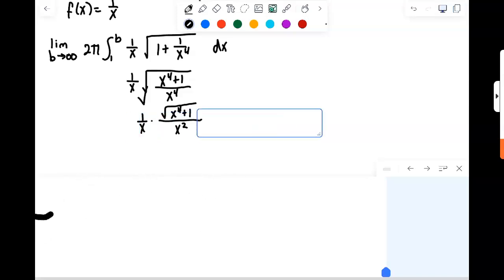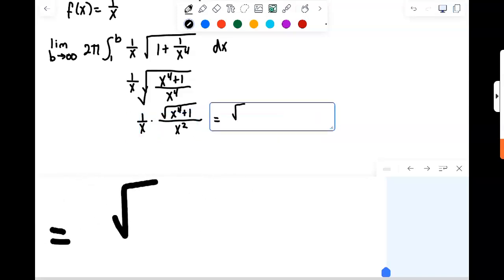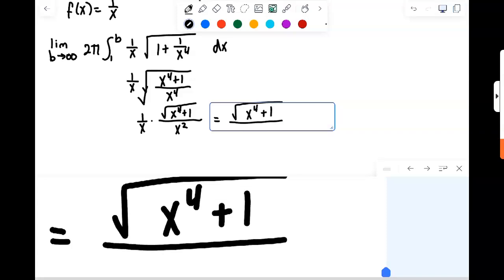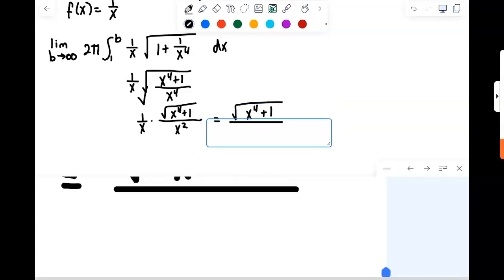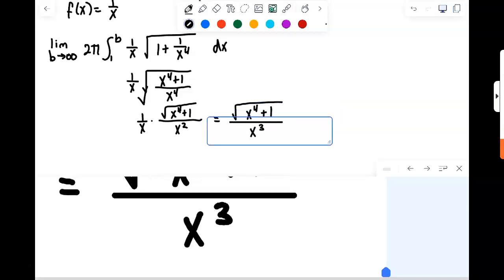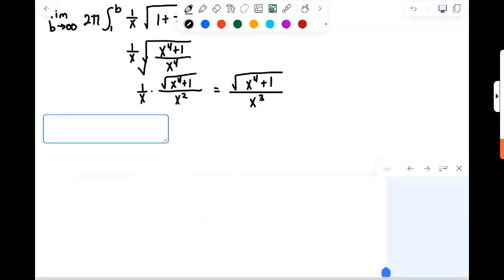So all of this simplifies to be the square root of x to the 4th plus 1 all over x cubed. Okay? So that takes our problem down to this point.